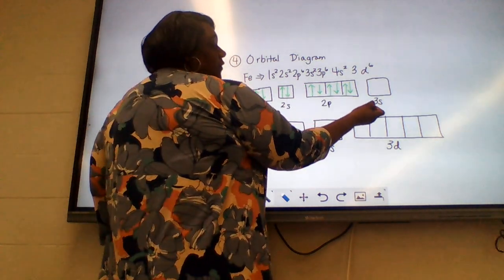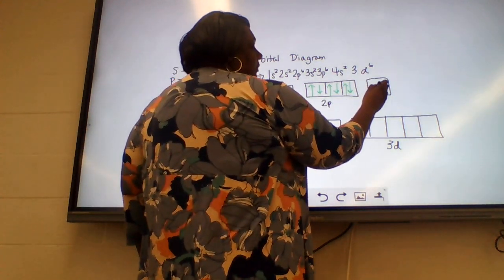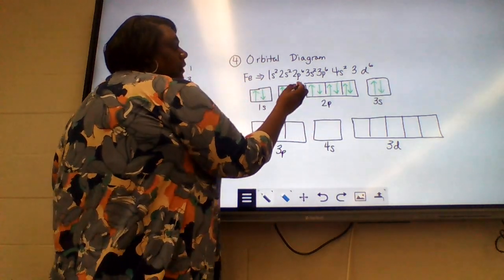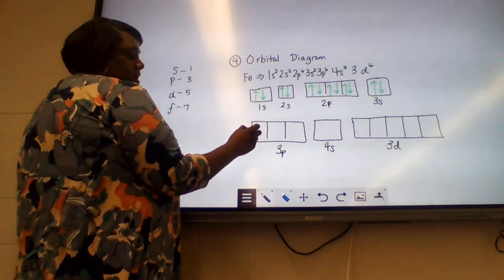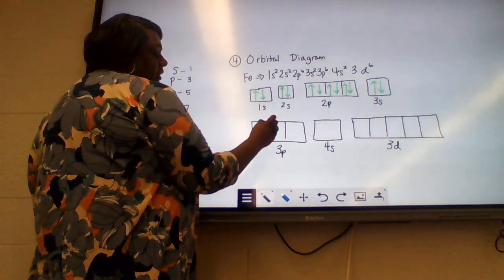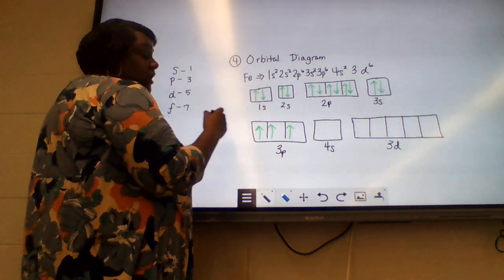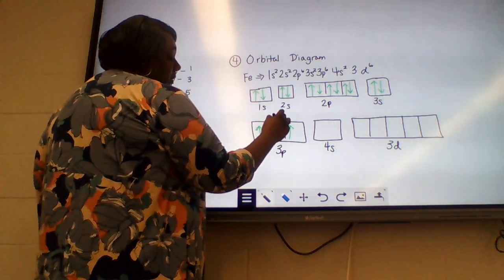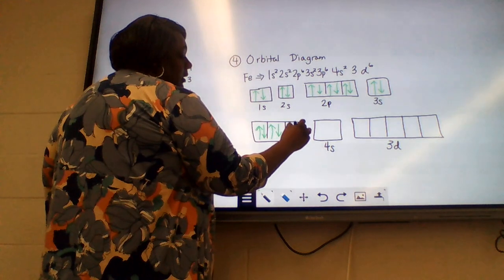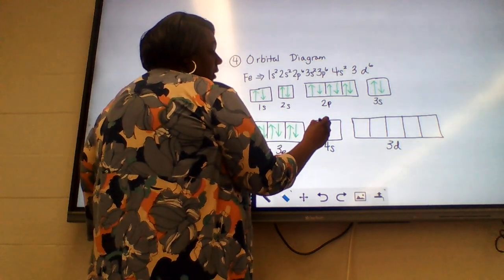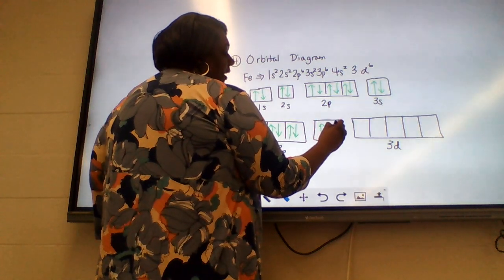When I move on to my 3s, I'm going to do the same thing. First arrow going up, second arrow going down. When I move to my 3p, again, I need to have 1 electron in each before I start filling them up. When I move to my 4s, 1 going up, 1 going down.